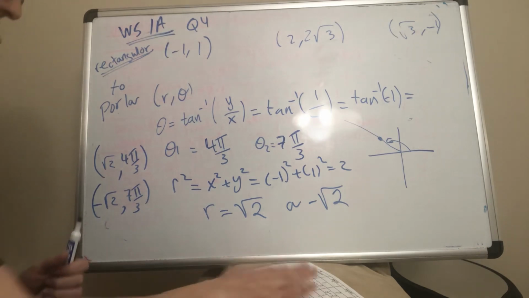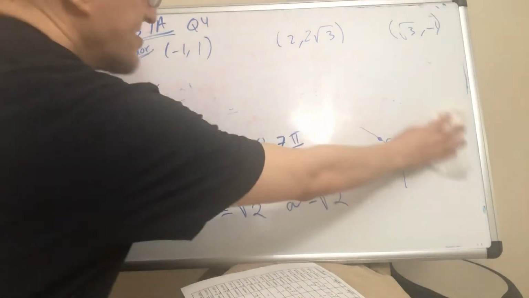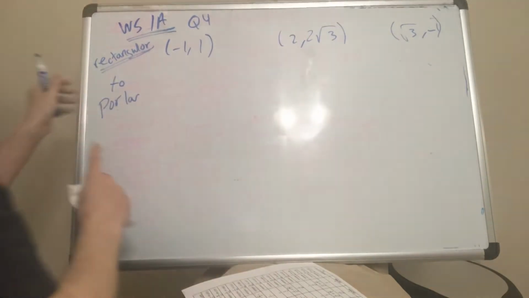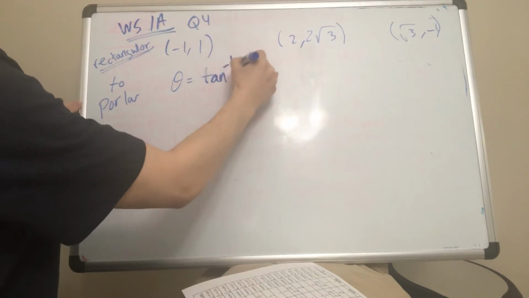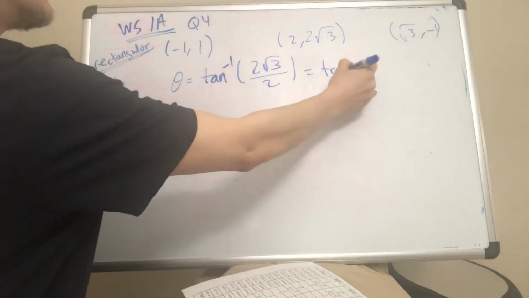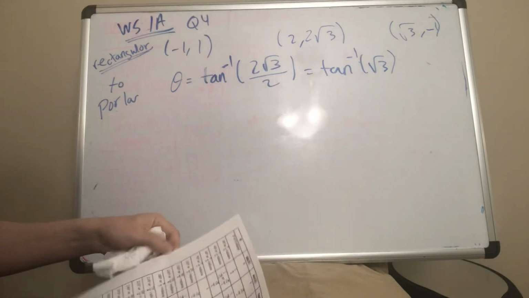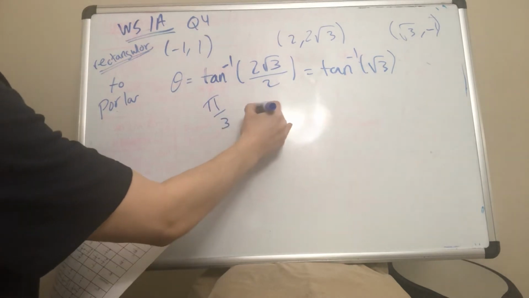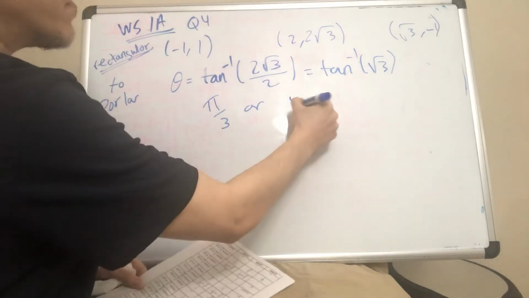I'll show you the other example given. We'll do the same process. So we start with theta. It's tan inverse y over x, so it's tan inverse of root 3. You go here, you'll see root 3 at pi over 3, and you see root 3 again at 4 pi over 3.